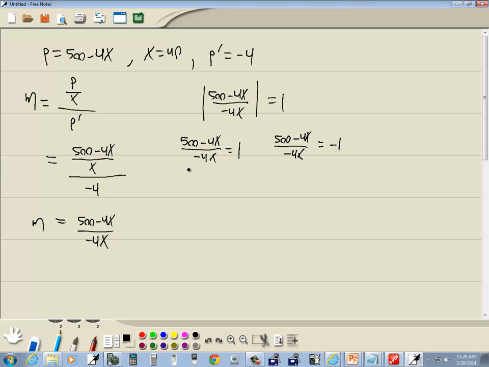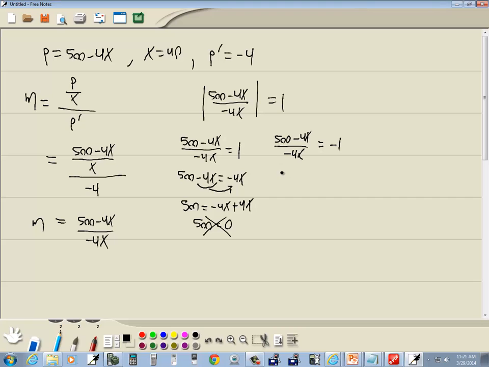In this one, I'll multiply both sides by negative 4x, and we get 500 minus 4x is equal to negative 4x. Bring this negative 4x to the right side, and we get 500 is equal to negative 4x plus 4x, which gives us 500 is equal to 0. Since our x disappeared, we don't use that one at all. Now we'll do the same thing on this other one.